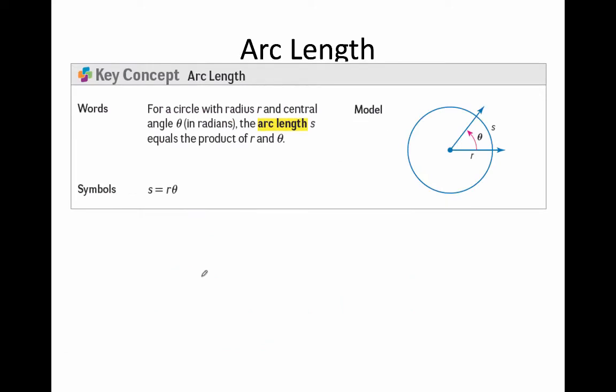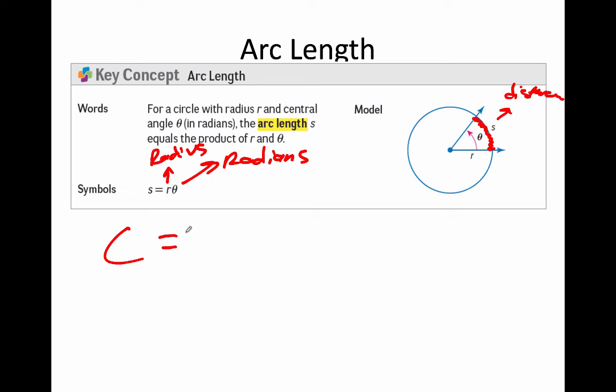Okay. Arc length, the length S around a circle. So now this is going to be a distance. S is a distance. And the great thing about this is we can take the radius times the radians. If you think about the circumference, all the way around, what is that? 2 pi r.